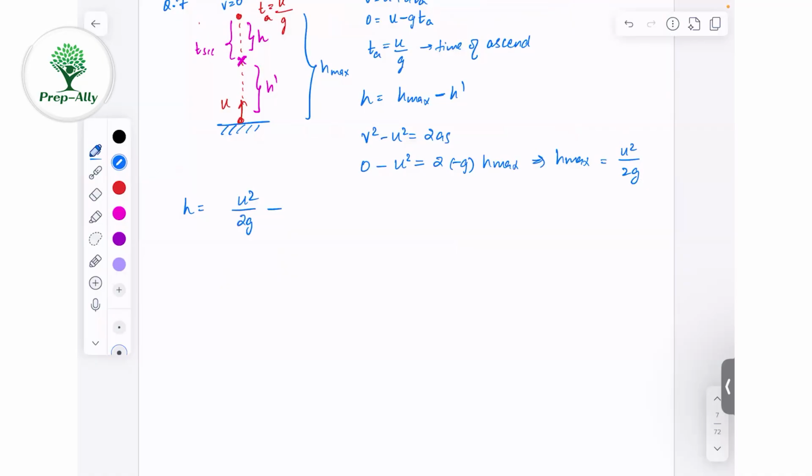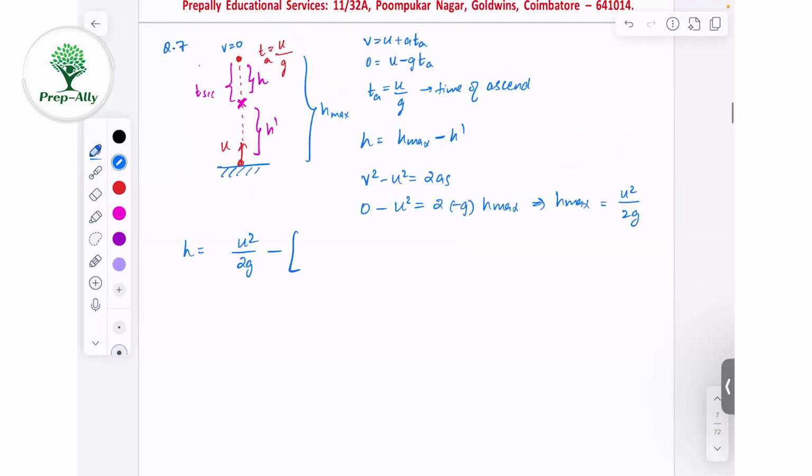H dash is what here? The displacement of the particle from the beginning till it reaches this point. And how much is this time? This time interval is going to be the total time of ascent minus this time interval. So it is the displacement in time interval ta minus t.